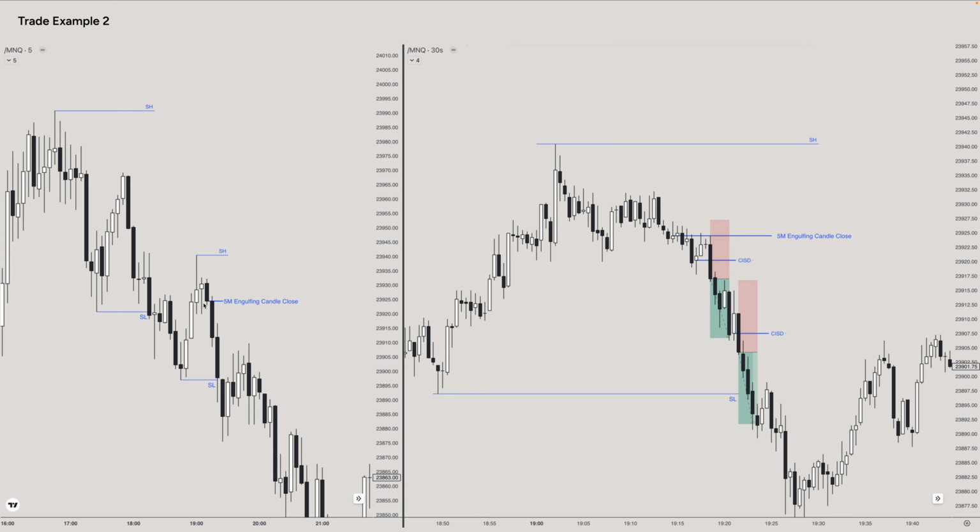As soon as this bearish engulfing candle closes, you mark it out. And because we are in an area where we expect the price to reverse and we have now got a confirmation, we can now move to the lower time frame, and you wait until you have a 30-second candle closure below our 5-minute engulfing candle close.